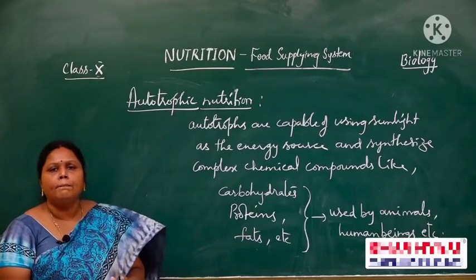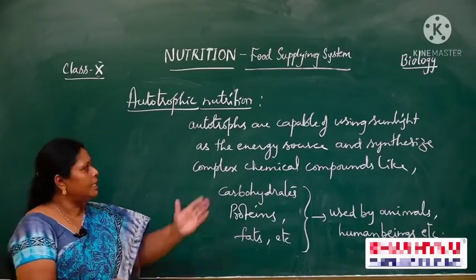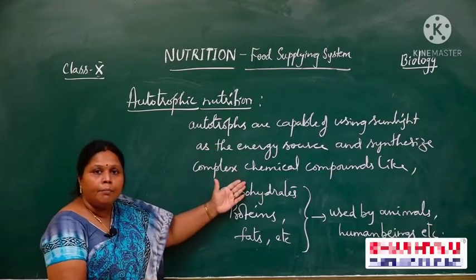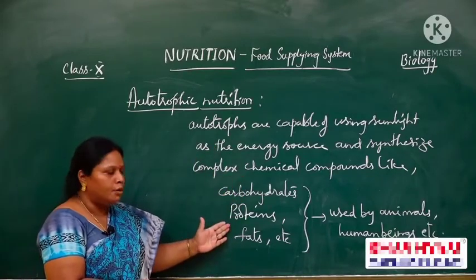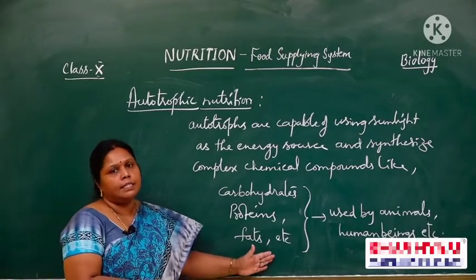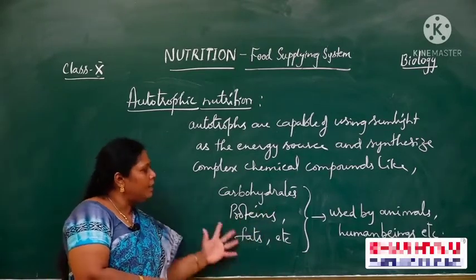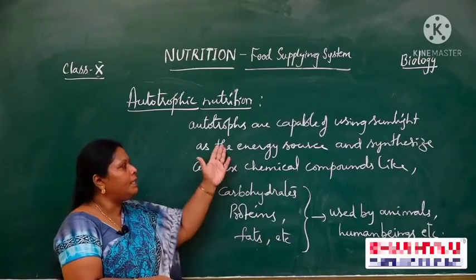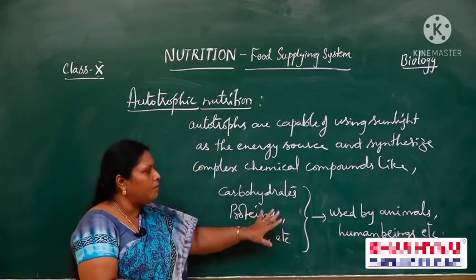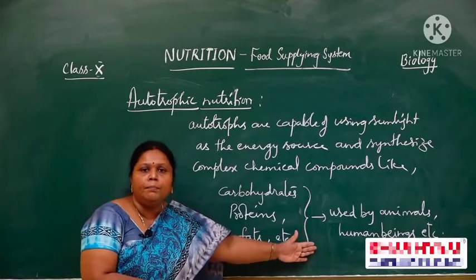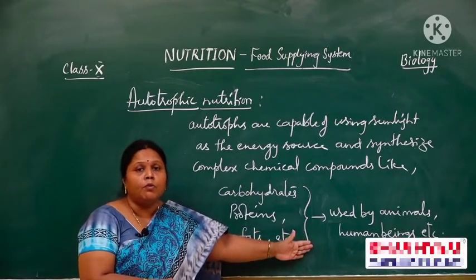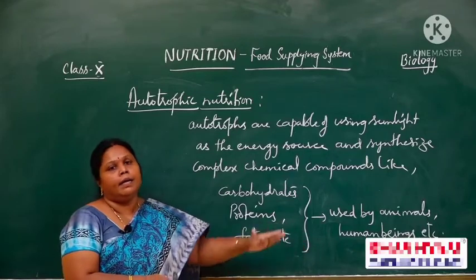Using such simple compounds, these autotrophs are able to synthesize compounds like carbohydrates, proteins, fats, etc. So these are the compounds which are made by the plants, and these compounds are used by the animals including human beings as their food so that they get energy.